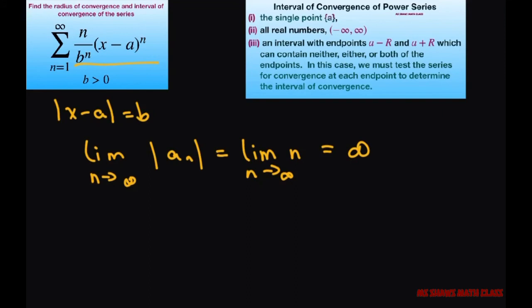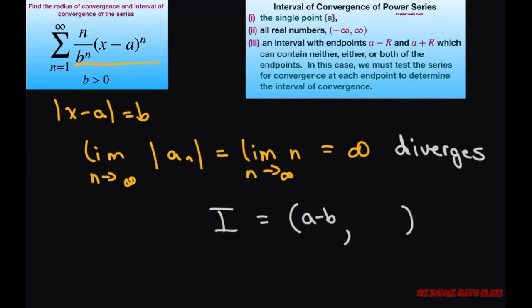So our series diverges. Therefore, our interval of convergence, since this is divergent, you have to have open intervals. So it's going to be a minus b, and our other endpoint is a plus b.